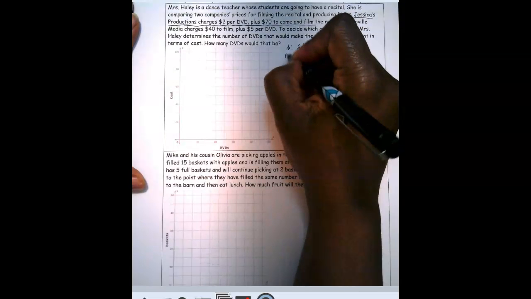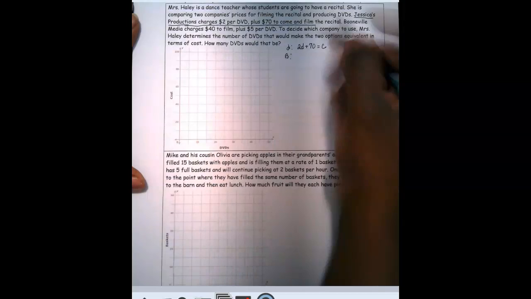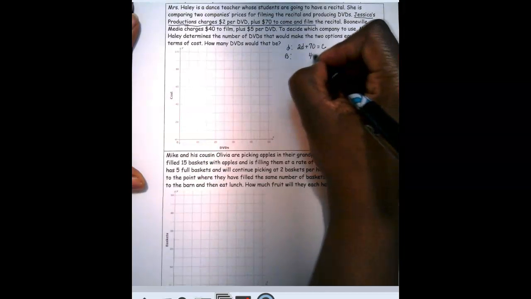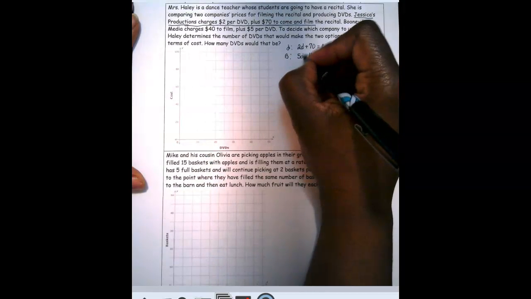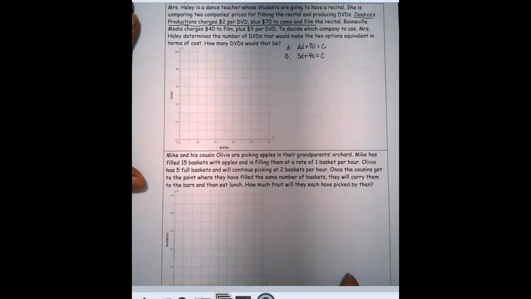And then you've got Boone Media. I'm going to put B for Boone Media. They're charging $40 to film and $5 per DVD, and that equals their total cost. So we've got our two equations. Now we've got to graph this.